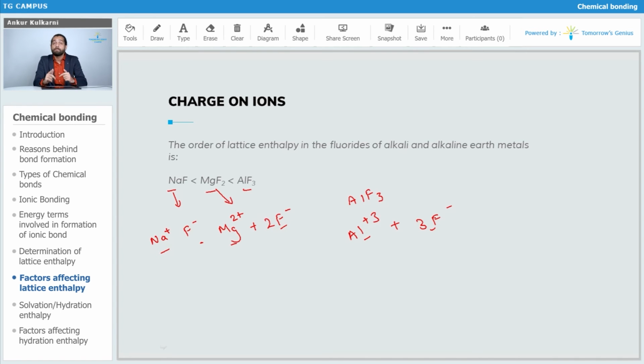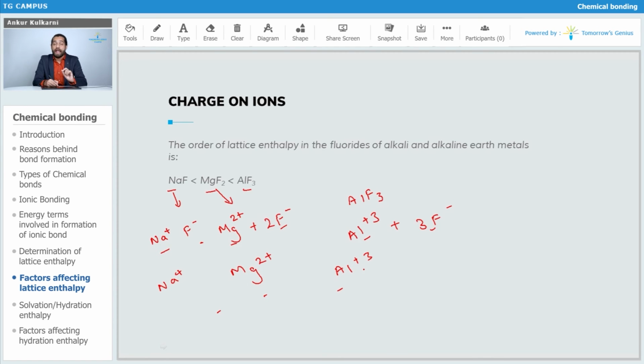But if you compare the cation, what is your cation in the first case? That is Na+. In the second case, it is Mg2+. And in the third case, it is Al3+. So you tell me students, which will show the highest enthalpy? Obviously, as we have just discussed, the higher the charge, the more will be the lattice enthalpy.